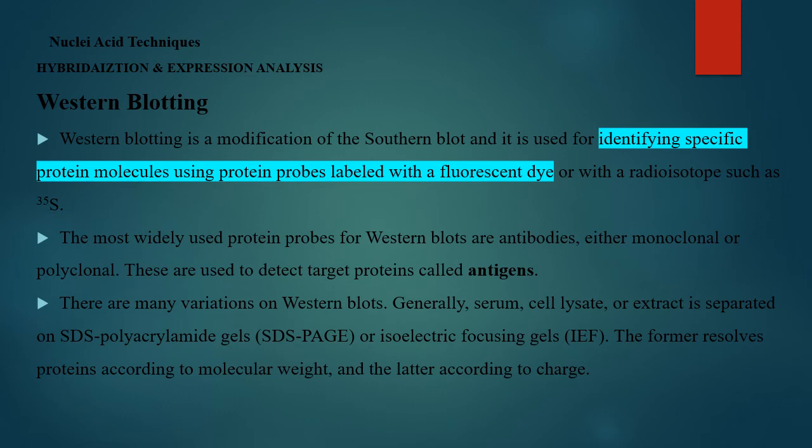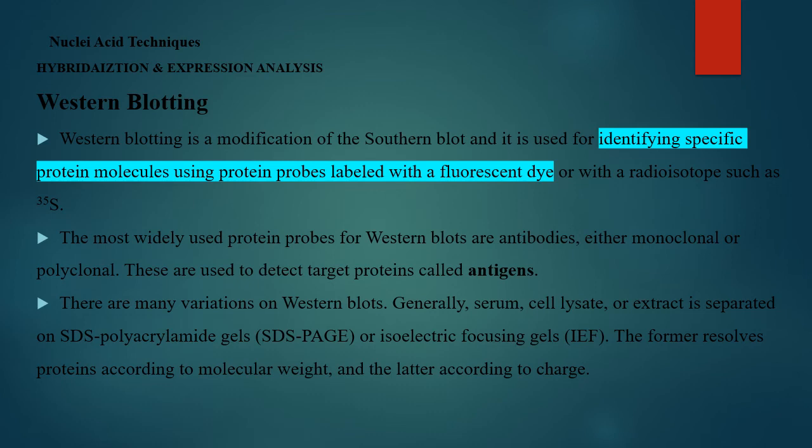It uses protein probes, so a protein probe goes to look for a particular protein, and these probes are labeled with a fluorescent dye or with a radioisotope such as sulfur 35. So Western blotting, talking about proteins.